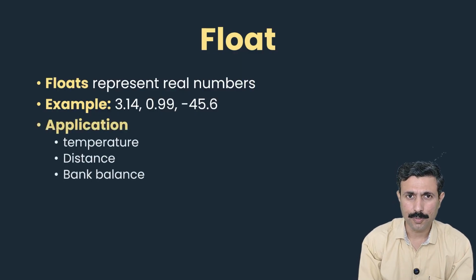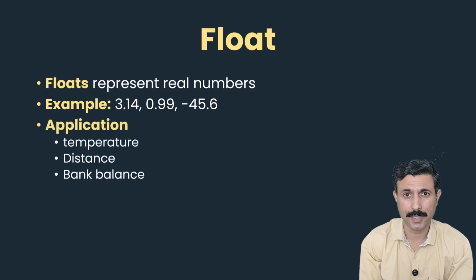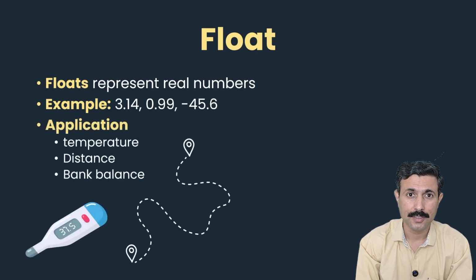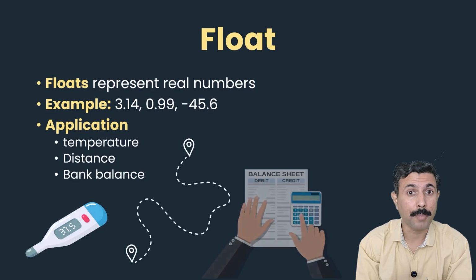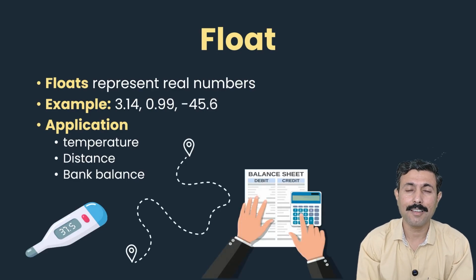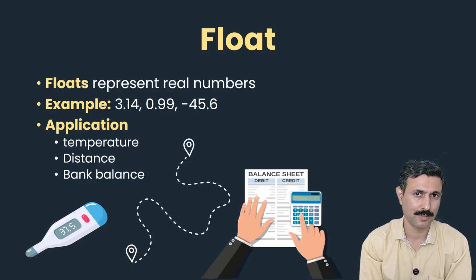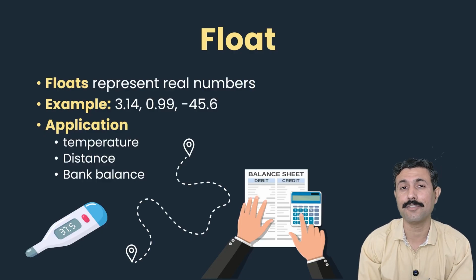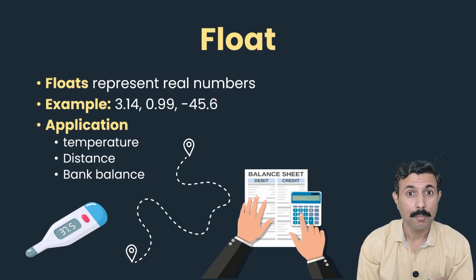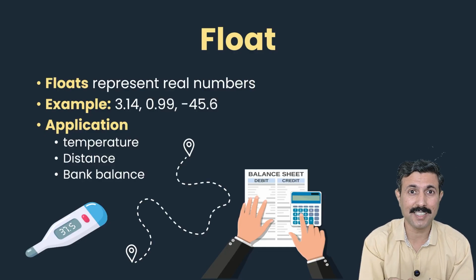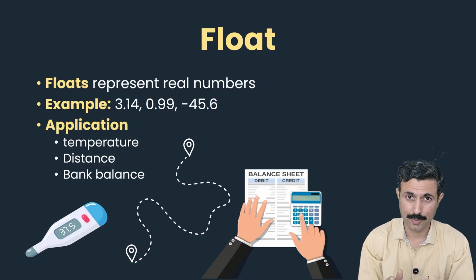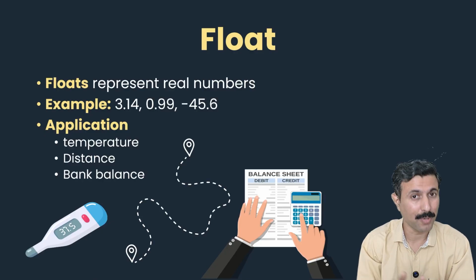So we use floats for anything like measurement of temperature, distance, mark percentage or bank balance. Wherever there is a fractional part, you use floats. Floats are essential in fields like finance, scientific calculation, machine learning, where precision matters. So floats are really important.